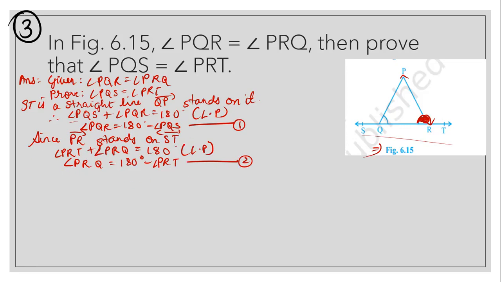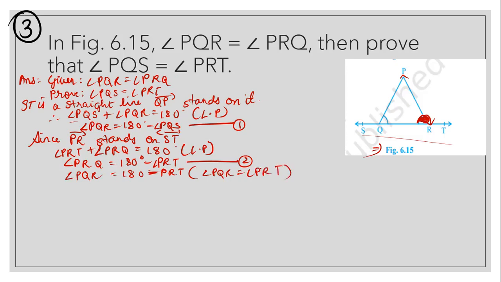So since it is given that angle PQR is equal to angle PRQ, can I say that here I will substitute PRQ with angle PQR because it's given? Wait, I'll write it in the brackets. Angle PQR is equal to angle PRQ.